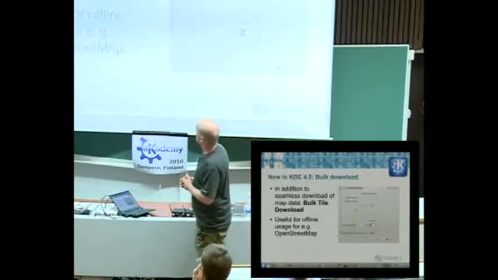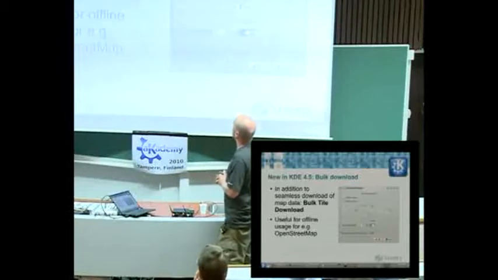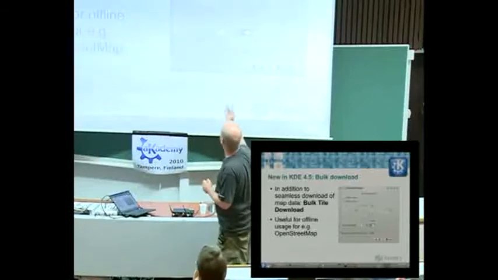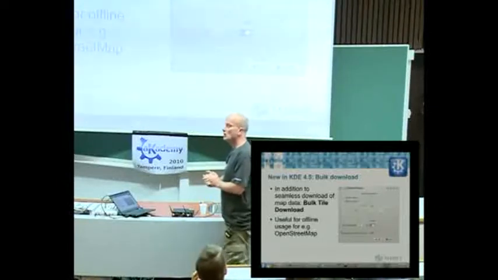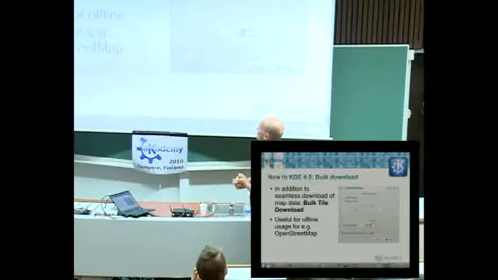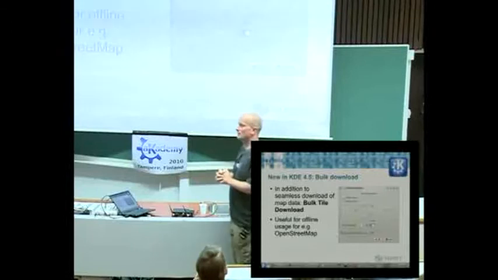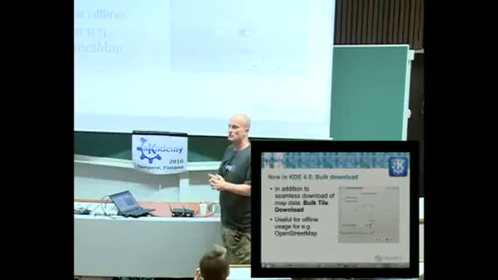And then another new feature in KDE 4.5 that I'd like to show, as a screenshot, is the bulk download. That has been something that is of interest for OpenStreetMappers who want to, for example, download a big chunk of data in advance, or somebody who wants to go on a trip and doesn't have an online connection and wants to download a whole area in advance.